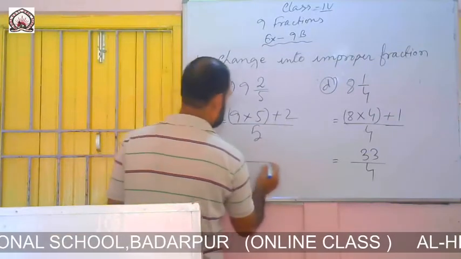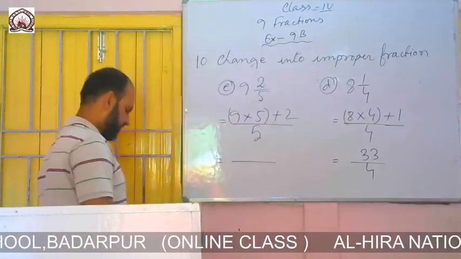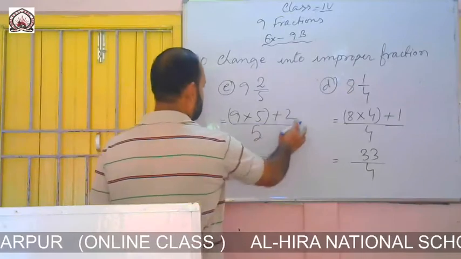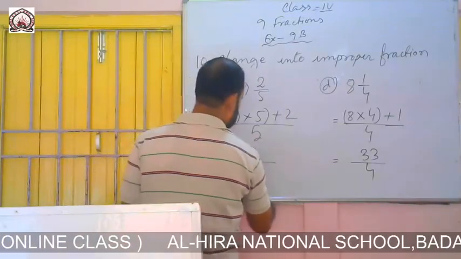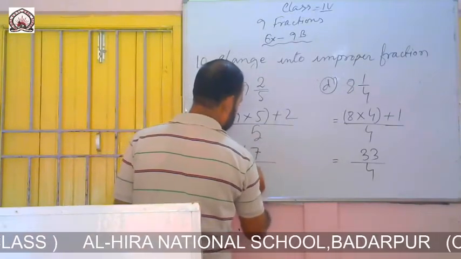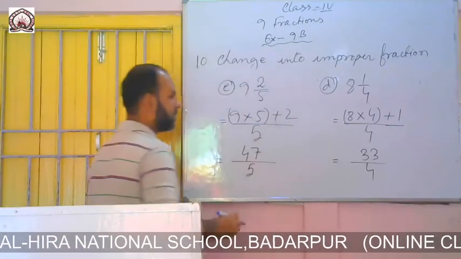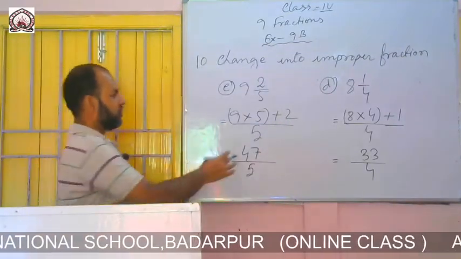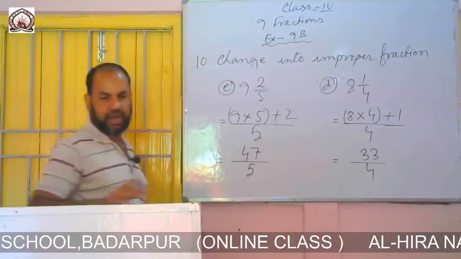Now 9 fives are 45, 45 plus 2 is 47, 47/5. So the improper fraction is 47/5.